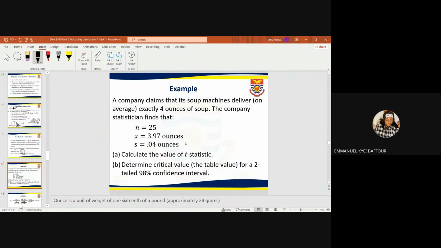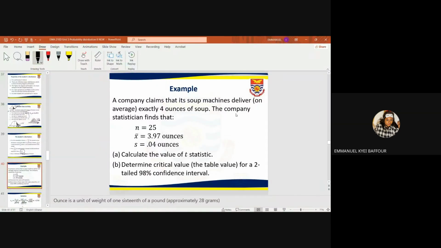So we have an example that has been given, which has to do with confidence intervals and other stuff. A company claims that its soap machine delivers on average exactly 4 ounces of soap.